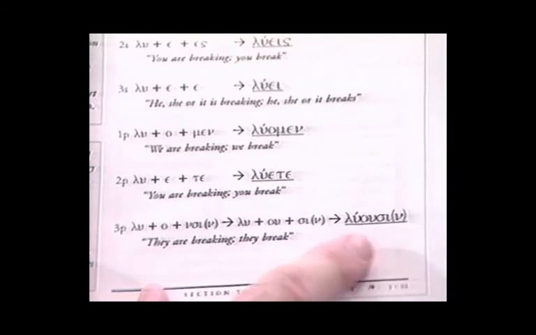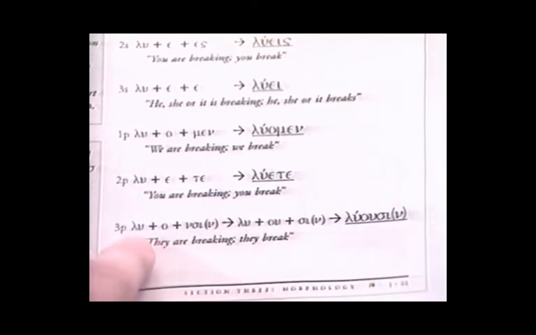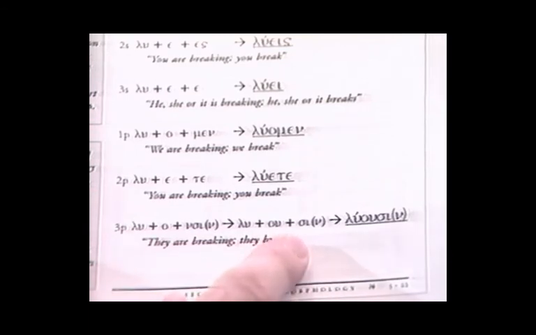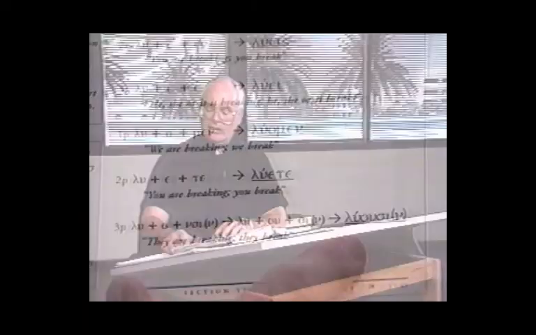For right now, if you would simply like to learn that ousin is the third plural ending, that would be sufficient. If you didn't really understand the derivation of what we just went through, that's okay at this point. Little by little these things will make more sense, we hope. Now the third plural is they are breaking or they break.